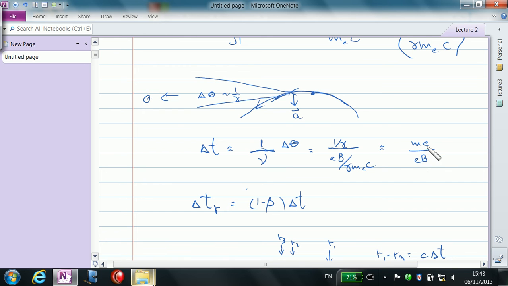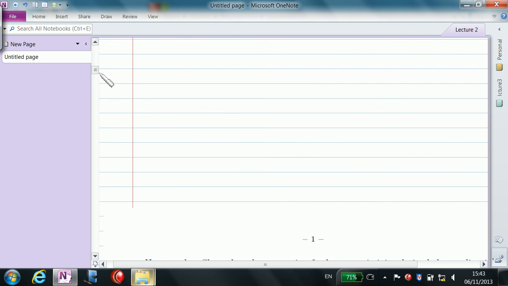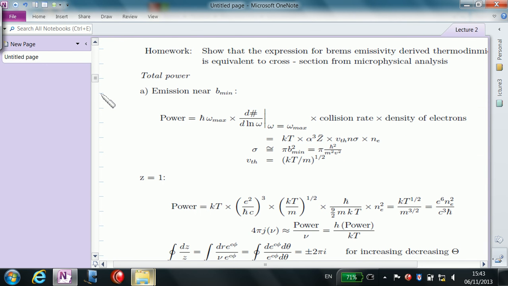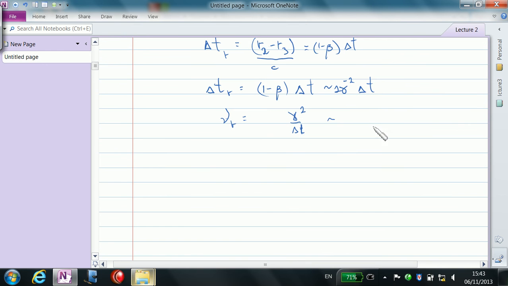It was just mc over eB, right? Because the gammas canceled out. You agreed to it at the time. So this is just gamma squared eB over mc. So there will be a factor of two that came in delta t, obviously.